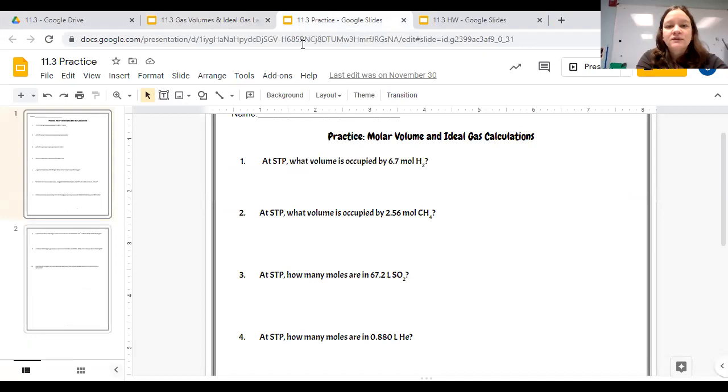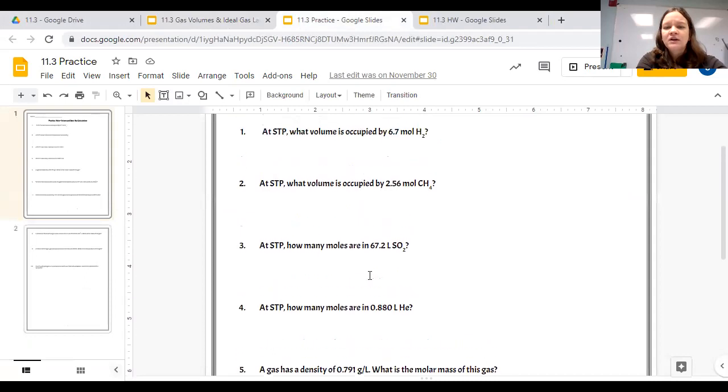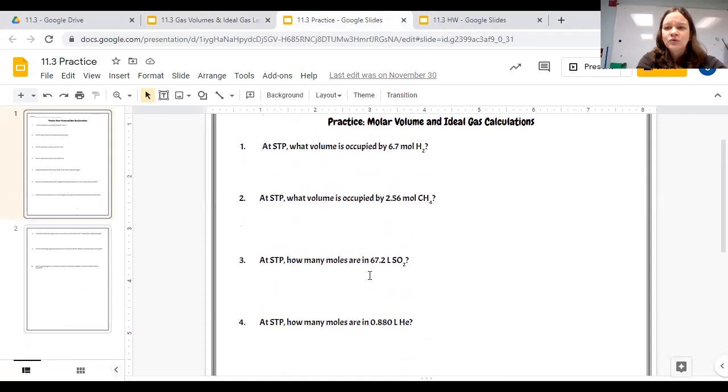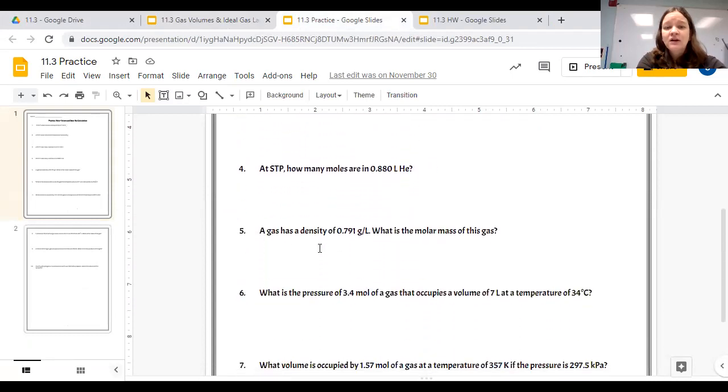All right, so this is your practice. The first little bit is just converting moles to volume or volume to moles. Make sure that you can do that. Bring in density. Remember, density is mass divided by volume.